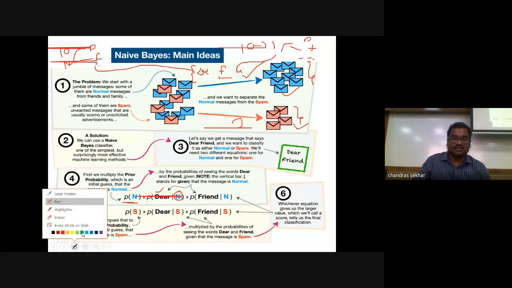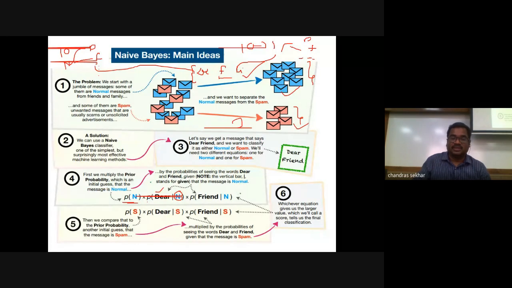Okay, so what we will do, it is based upon the a priori probability. A priori probability means, suppose I receive 20 mails before solving this particular problem. In these 20 mails, how many are normal, how many are spam? In the normal, how many words, dear, what is the probability, how many words are there, friend, how many words are there?